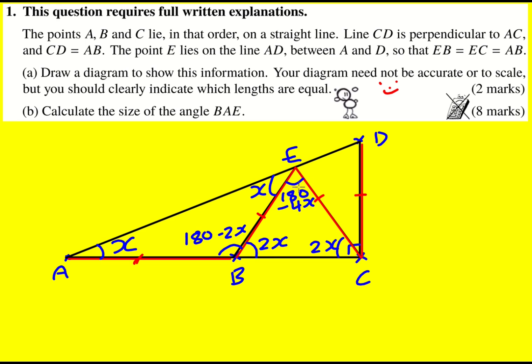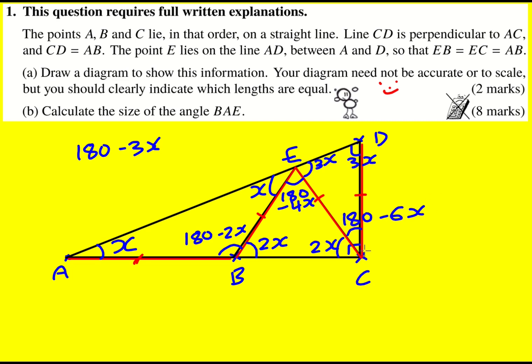And if I add up these two, I'm going to get 180 minus 3x. So because again I'm on a straight line here, this angle must be 3x. Another isosceles triangle, so that is 3x. And finally, our other missing angle in terms of x is going to be 180 minus 6x.